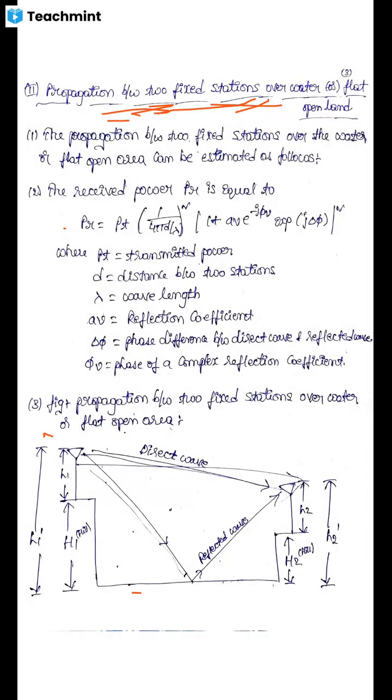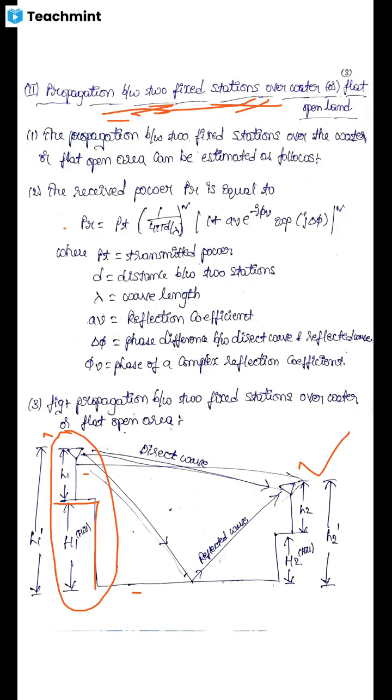So in this case, I have taken two fixed antennas. One antenna is placed above the hill, at a height of capital H1, the height of the hill, and above the hill an antenna of height small h1 is placed.